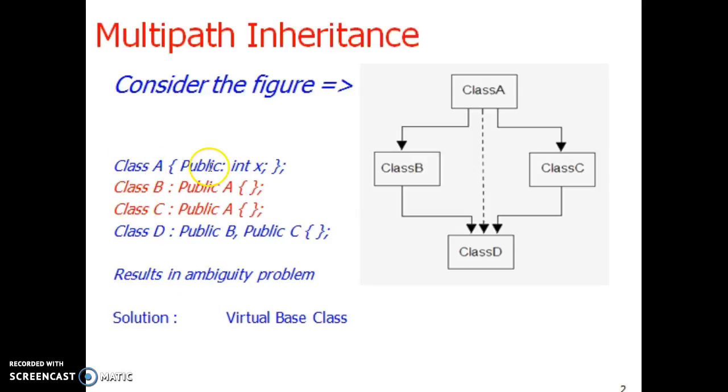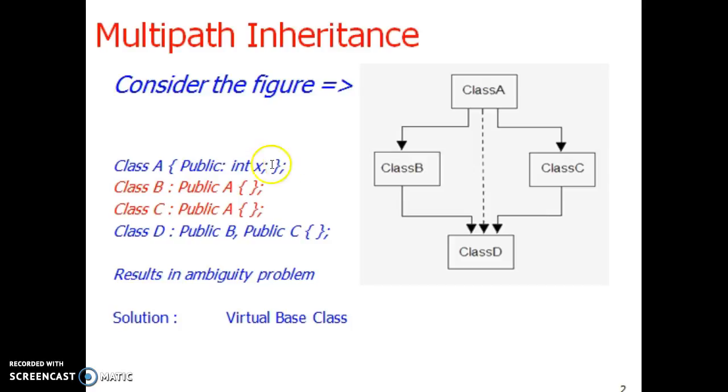Just check out the data structure. Class A has a public int x, only one variable which is public. Then you have two derived classes, class B as well as class C, which inherit class A publicly. Then class D inherits class B as well as class C. So this shows the data structure for this particular multipath inheritance.